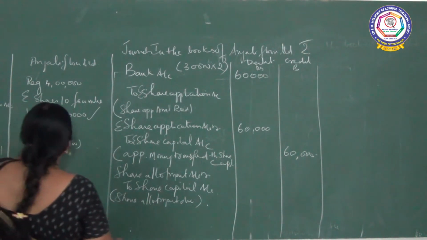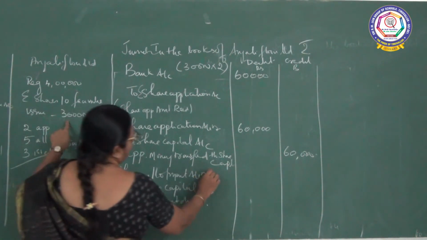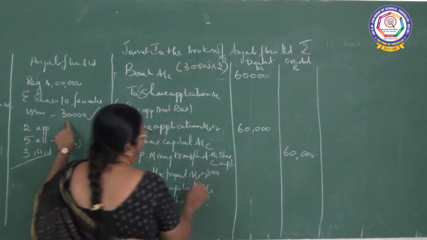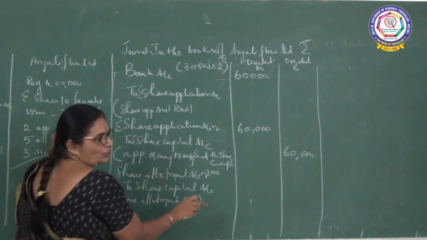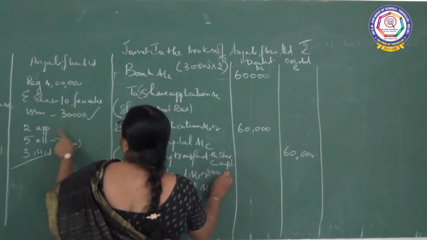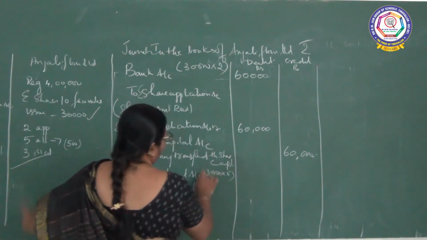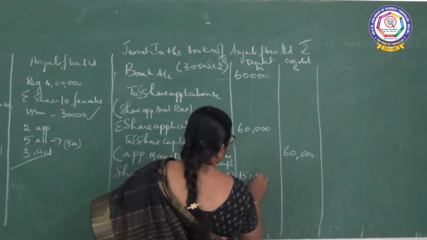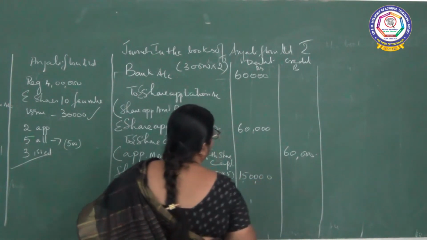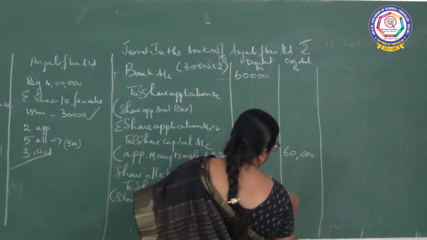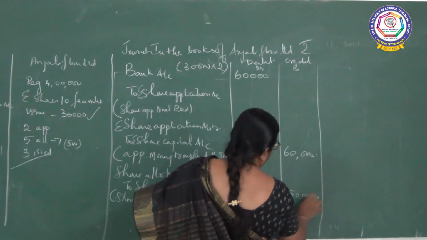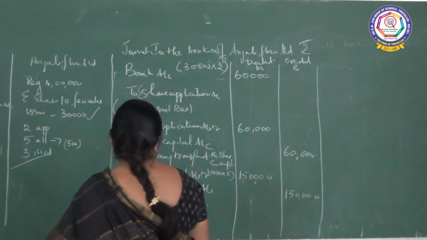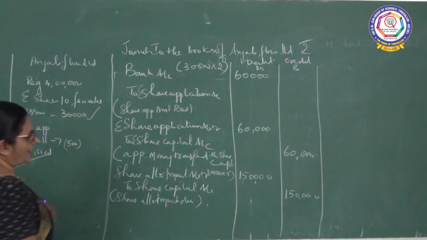You have 30,000 shares issued. I want the working in the notebook as you do the problem. So 30,000 into, what is the allotment? 5. So 5 threes are 15, that is 1,50,000. Always have a comma when you are writing.